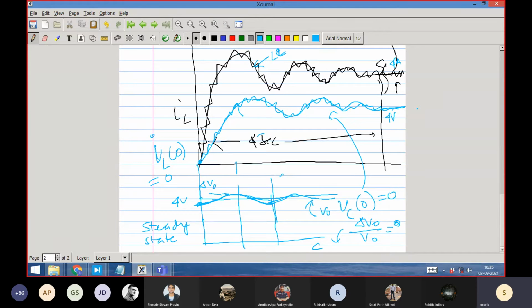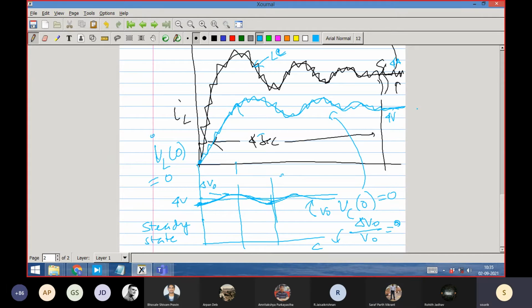The same is true for the capacitor, but its excursion of energy is rather less, because we design it such that the ratio delta V naught by V naught is smaller for the capacitor than the ratio delta IL by IL of the inductor.